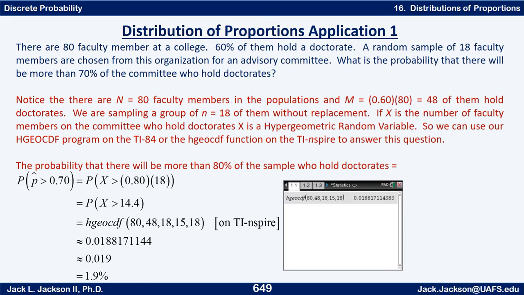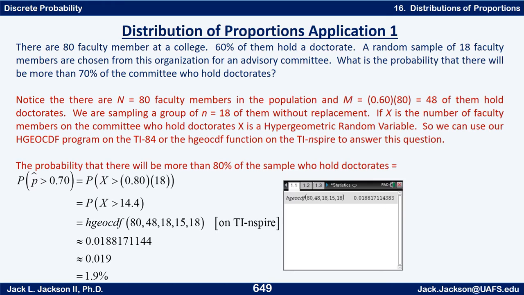Well, notice that there are capital N equals 80 faculty members in a population, and M equals 0.6 times 80 equals 48 of them hold doctorates. We're sampling a group of n equals 18 of them without replacement.